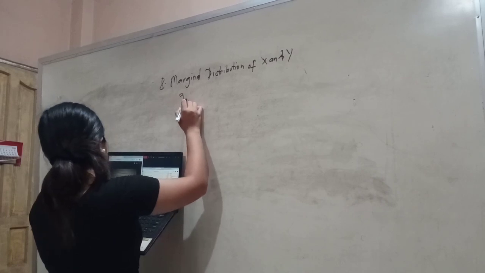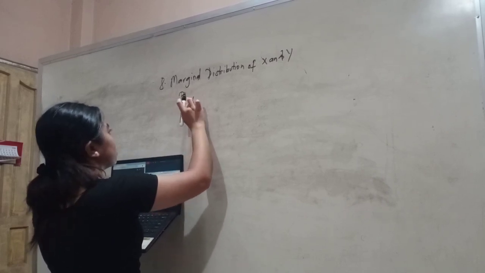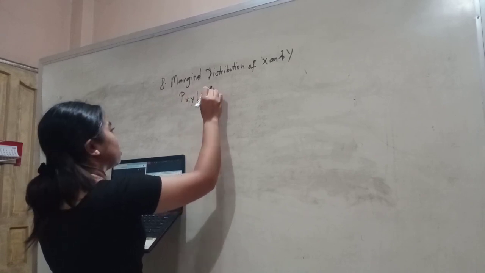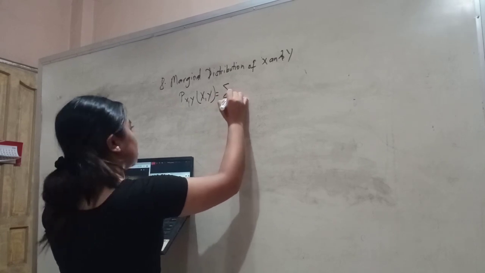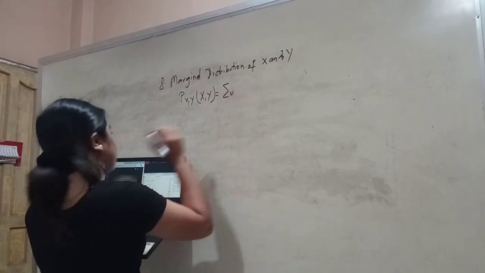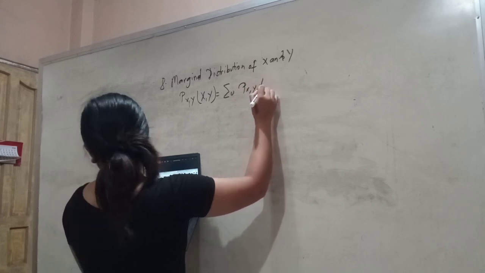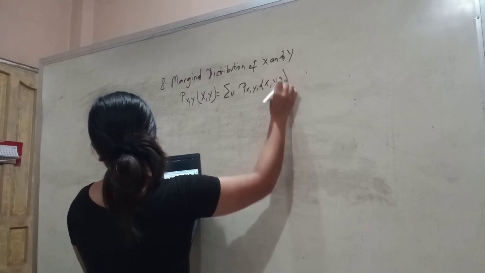So p(x, y) is the sum over z of p(x, y, z).